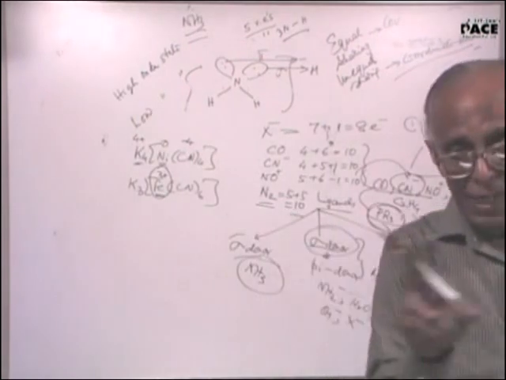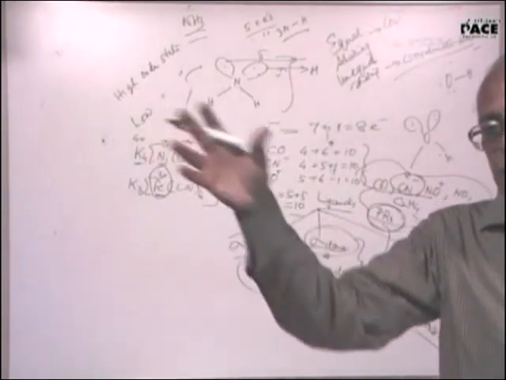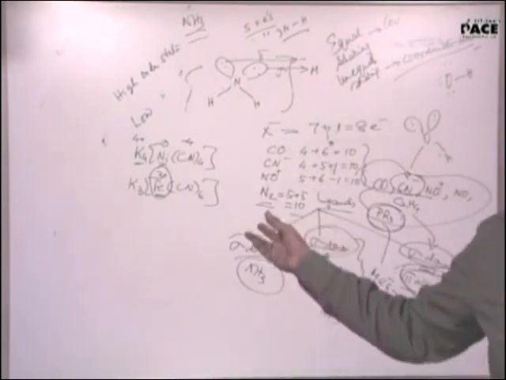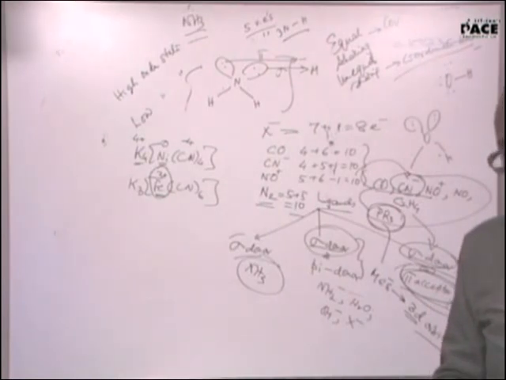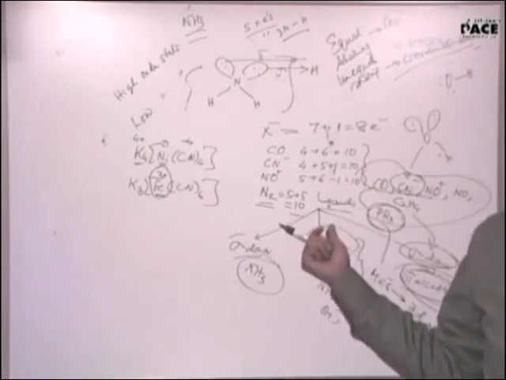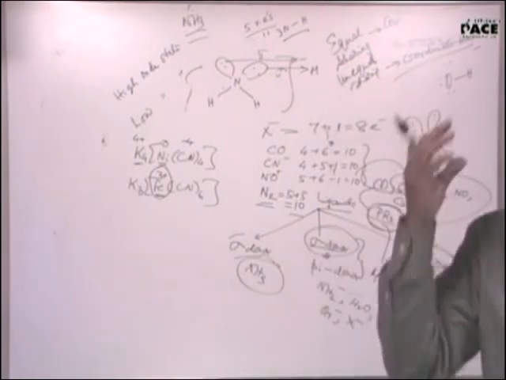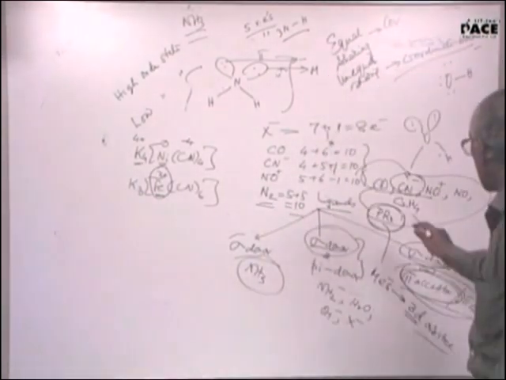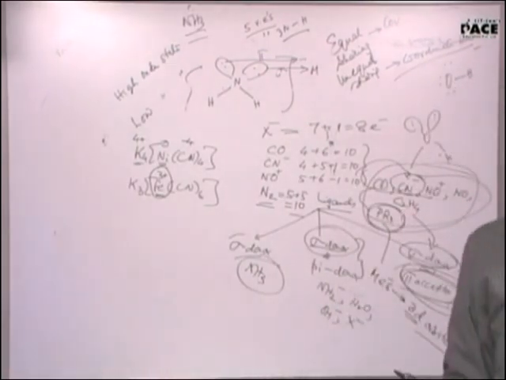So it shows a dual behavior: sometimes it stabilizes the higher oxidation state because it's a better donor of electron because of its negative charge. And it stabilizes the lower oxidation state because its 2pi antibonding orbital is free, so it accepts the electron from the metal, so stabilizes the metal in a low oxidation state. Except cyanide, all other will stabilize only the metal in the low oxidation state and not high oxidation state.